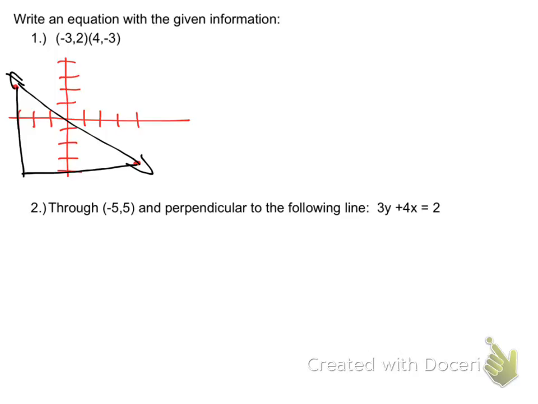So 1, 2, 3, 4, 5, 6, 7, 7, and 1, 2, 3, 4, 5, 6, 6. And now remember that I'm going down, so you'd have to say that's a negative 6. So my rise over my run is negative 6 over 7.